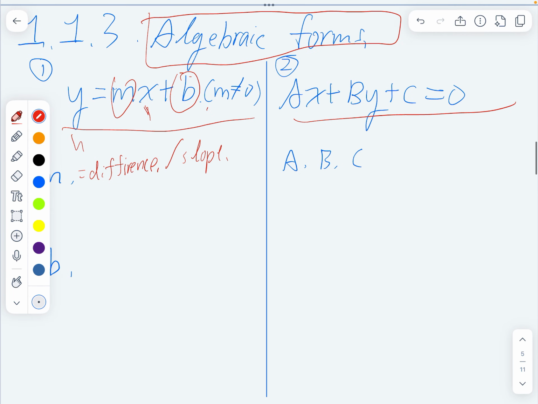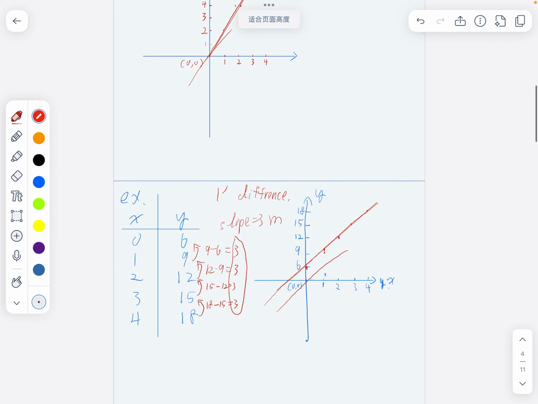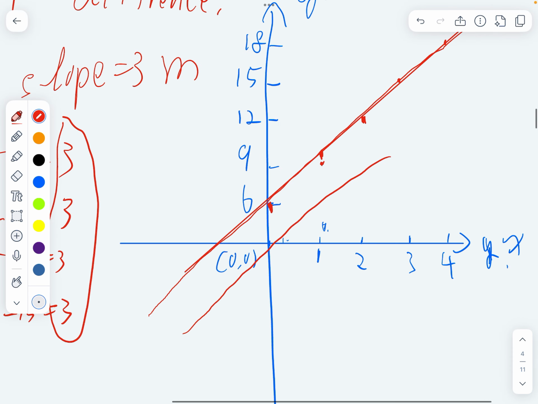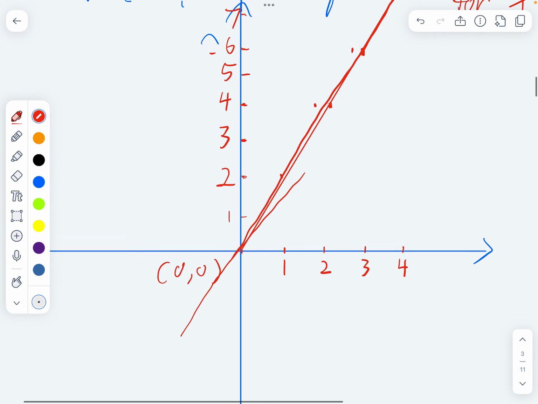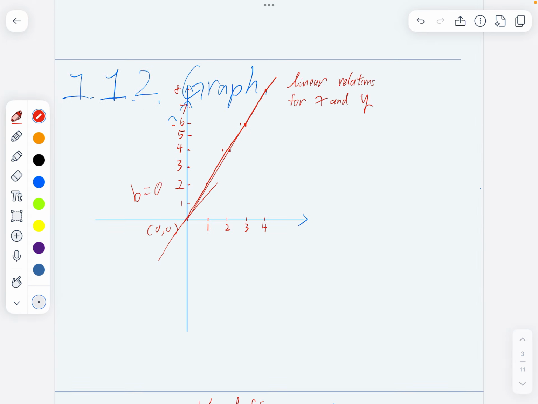Alright. For the b we call that the y-intercept, that means the x value is 0 and the y is b, right? So according to this graph, we can know that b equals 6. But for this one, we cannot know that b equals 0.